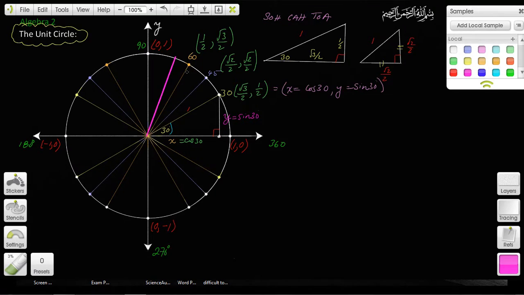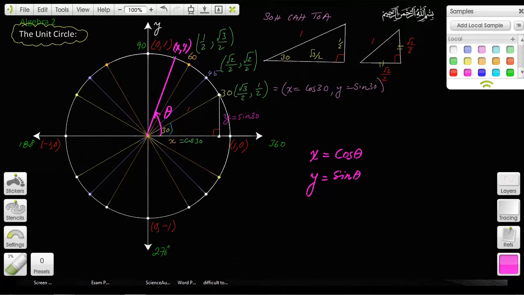For any angle like over here, let's call this angle theta. We like to use theta a lot. For any angle over here, there's a corresponding ordered pair, and this ordered pair, x, y, corresponds to this. The x coordinate will be cosine of theta, and the y coordinate will be sine of theta.